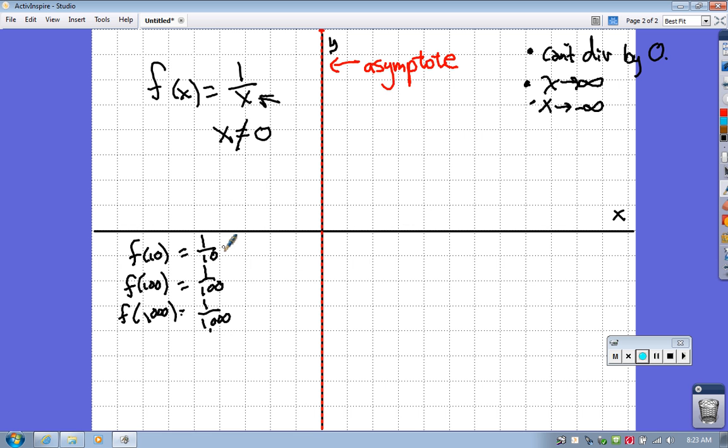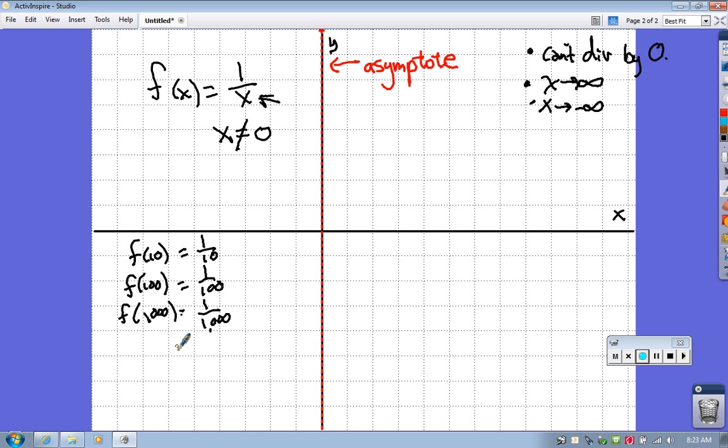So notice what's happening is, as x is getting bigger, as we're heading towards infinity in this direction, the output values, the y values, are getting smaller and smaller, and they're getting closer and closer to 0. So it's going to get closer and closer to this x-axis, but it will never touch it.